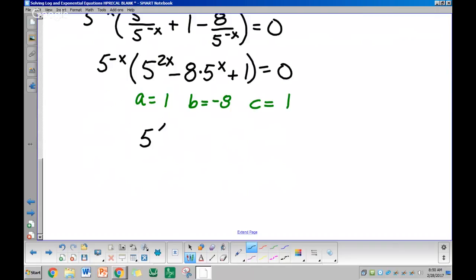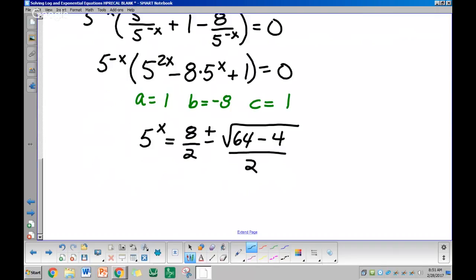So 5 to the x equals 8 plus or minus the square root of 64 minus 4, all over 2. It's going to be 5 to the x equals 4 plus or minus root 60.